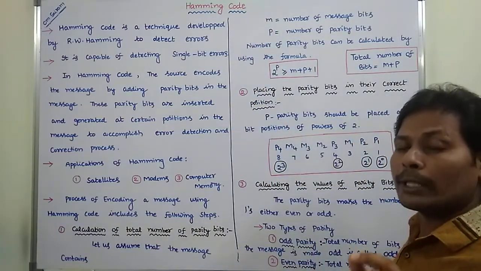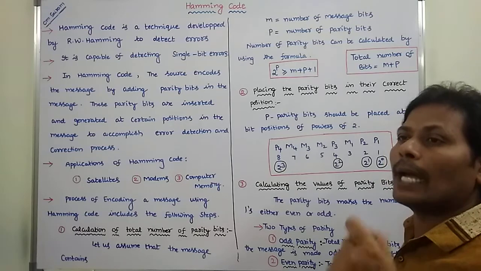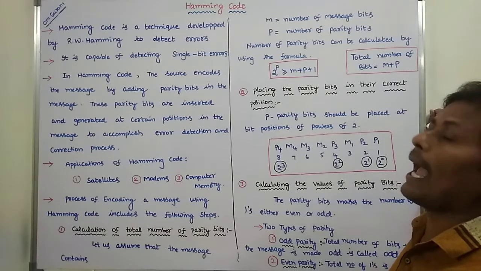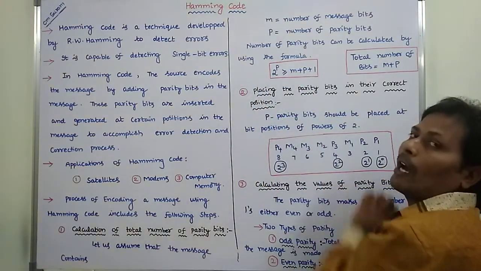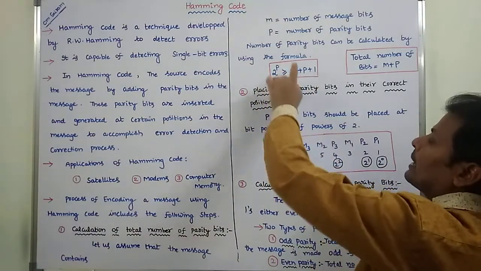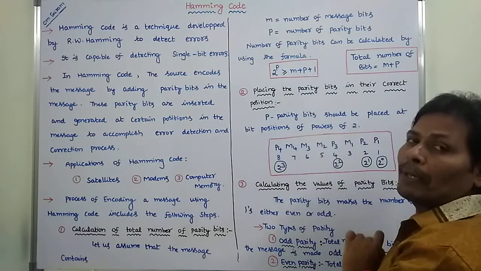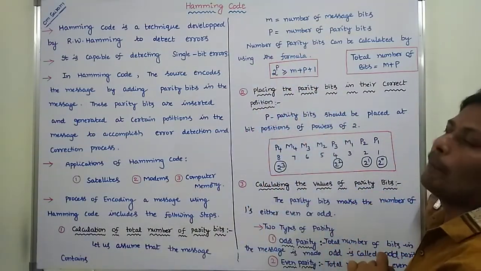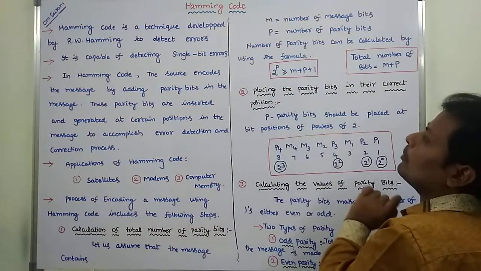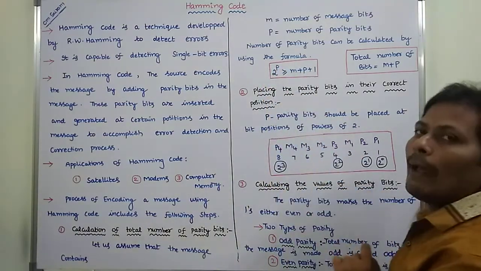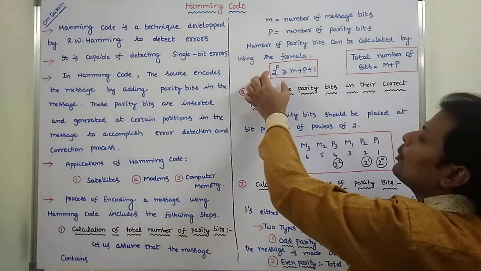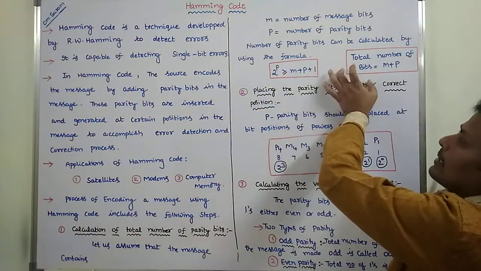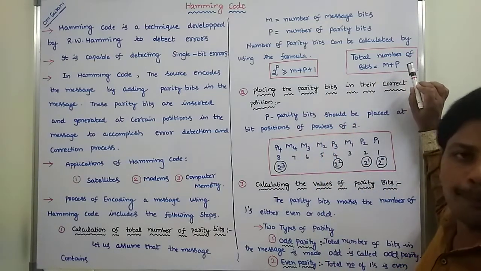The parity bits are calculated by using the formula 2 power p greater than or equal to m plus p plus 1. Knowing the m value, we calculate the p value. Once the p value is calculated, the total number of bits is equal to m plus p.